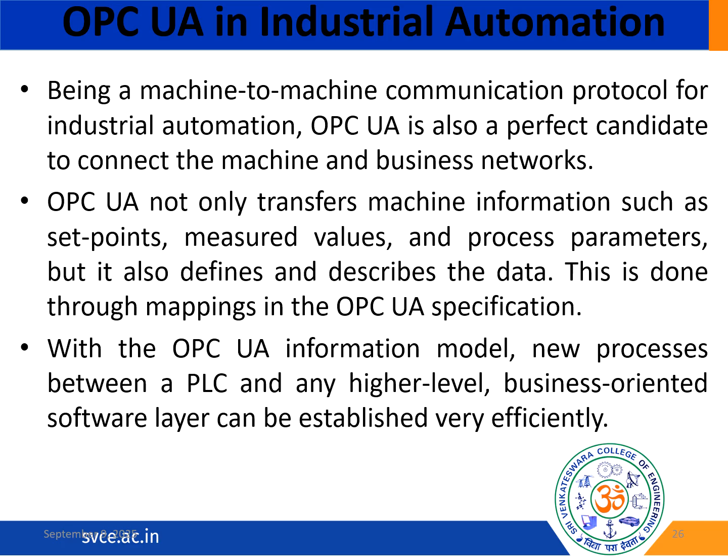OPC UA not only transfers machine information such as set points, measured values, and process parameters, but it can also define and describe the data. This is done through mappings in the OPC UA specification. So considering seamless semantic data modeling, beyond simple transmission, we can use OPC UA, which also defines and structures the information through standardized mappings, and we can also ensure consistent interpretation across platforms.